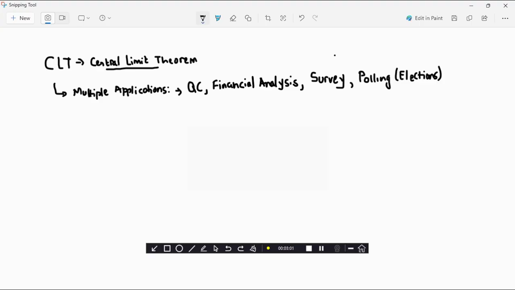Now, there are two forms of central limit theorem, and both have to do with taking a limited number of units as a sample from the population. So this is a limited number of units, and this is also called your sample.